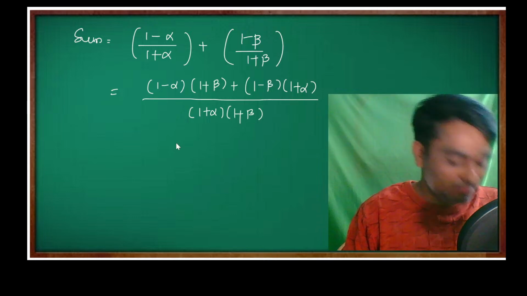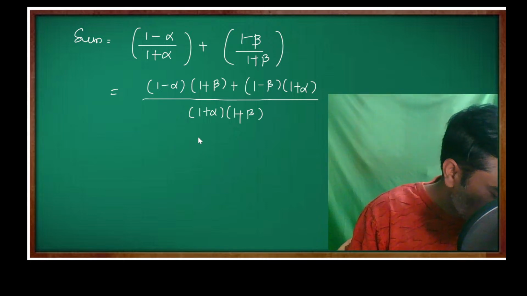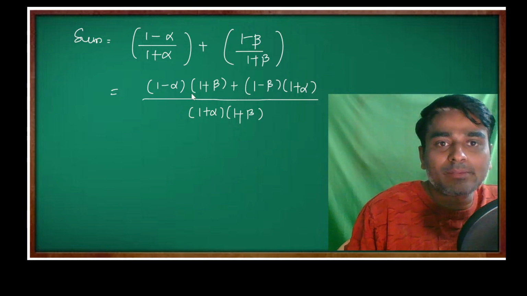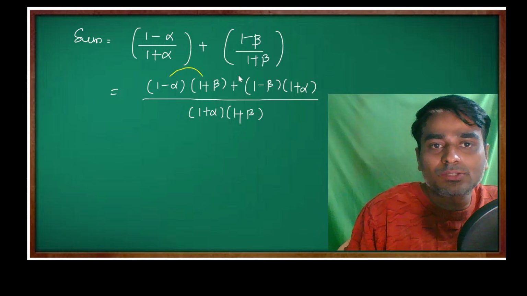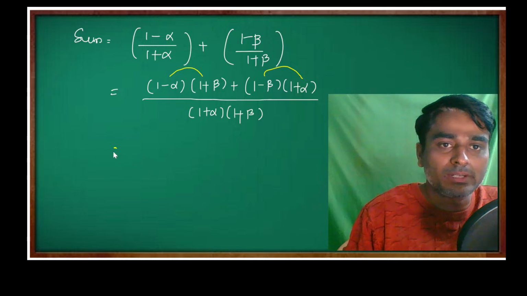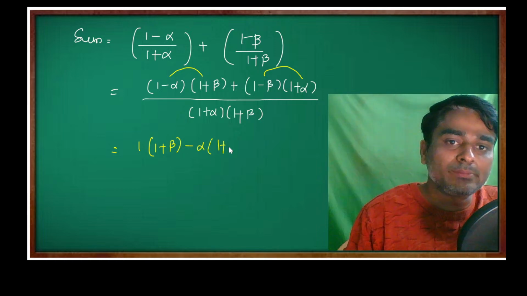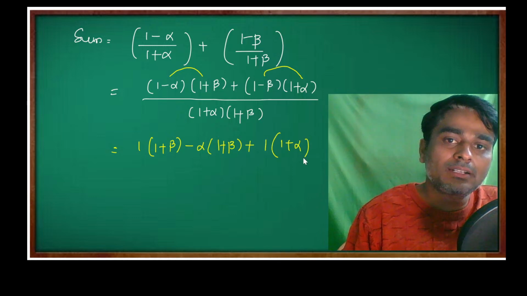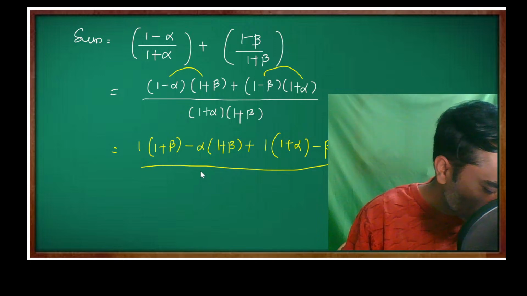Do this question slowly, no need to be in a hurry. Let's finish properly. This much we got. Then next step, we will multiply these two brackets, then I will also multiply these two brackets. Keep the denominator as it is or you can multiply this also.